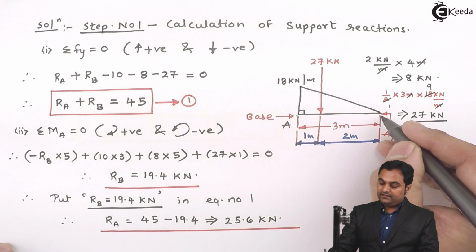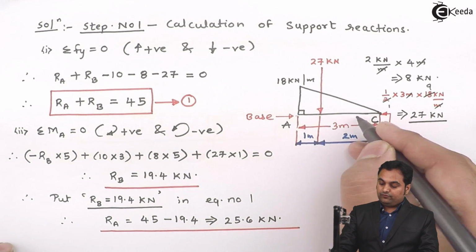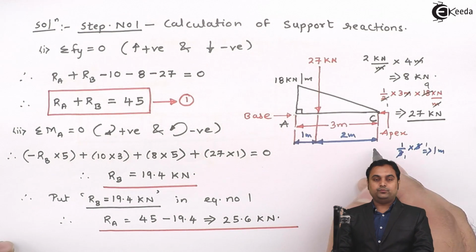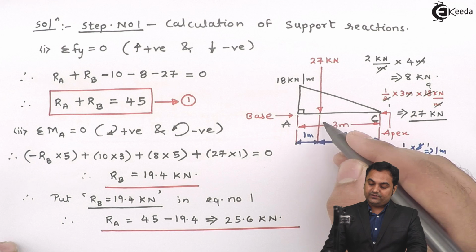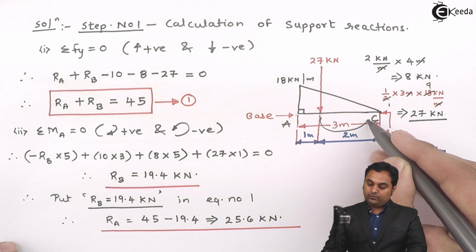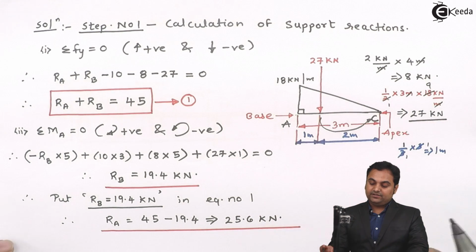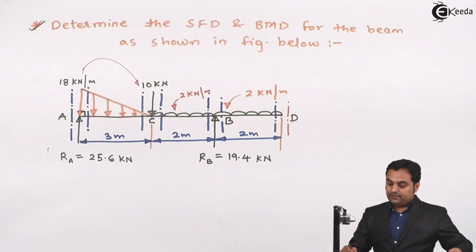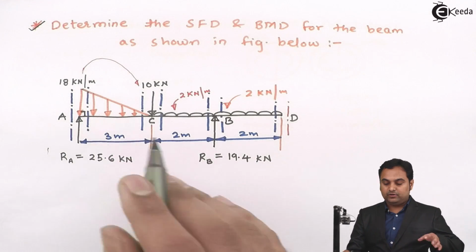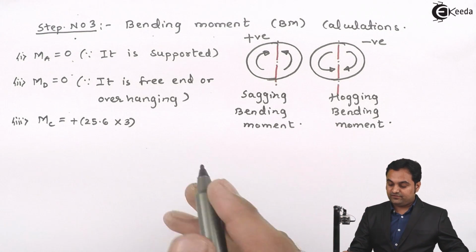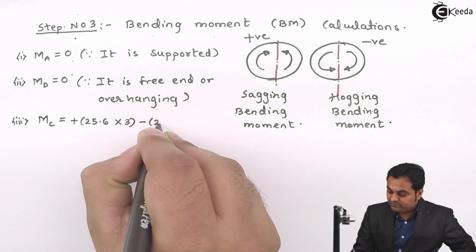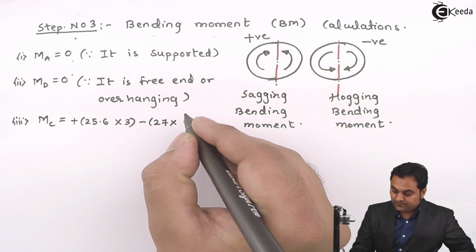This is end A and this is C. So from C its distance is 2 meters and the value is 27, and here it will be producing anti-clockwise moment at C. Anti-clockwise moment to the left is negative, so minus 27, which is the point load of the UVL, into 2.